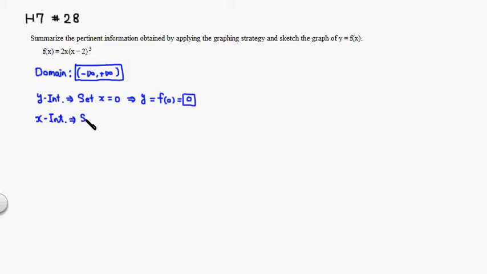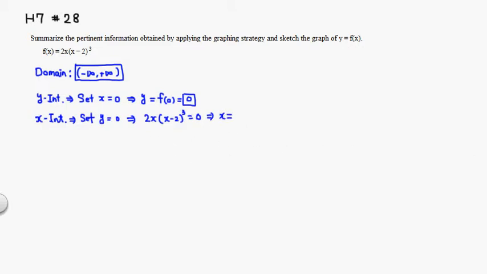In order to find the x-intercept, we set y equal to 0. So we have to set the whole function equal to 0: 2x times quantity x minus 2 to the third power equals 0. So we have a couple of x values.